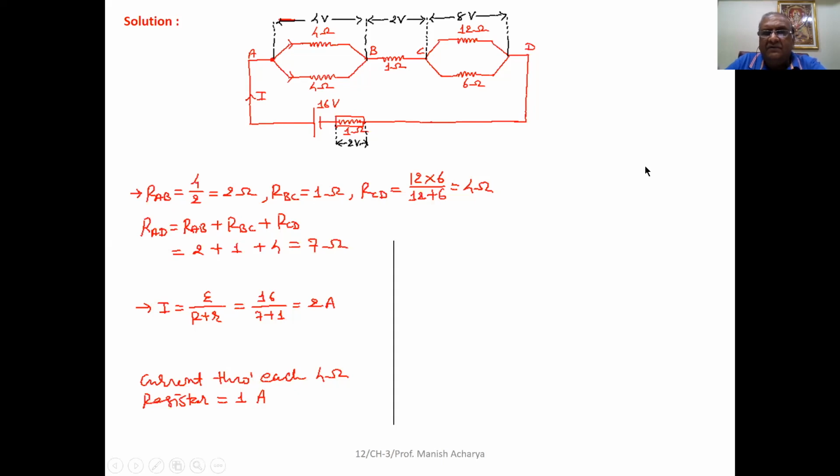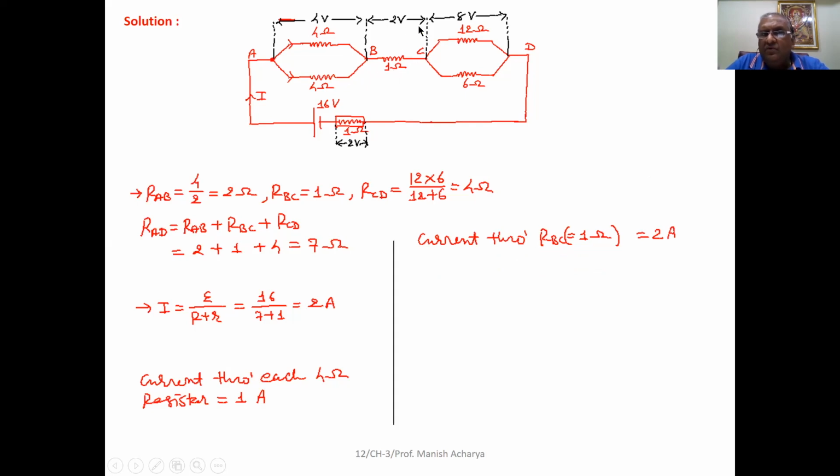Then after, when current reaches B and comes out from B, again it will be 2 ampere through this 1 ohm resistor, and therefore 2 into 1.